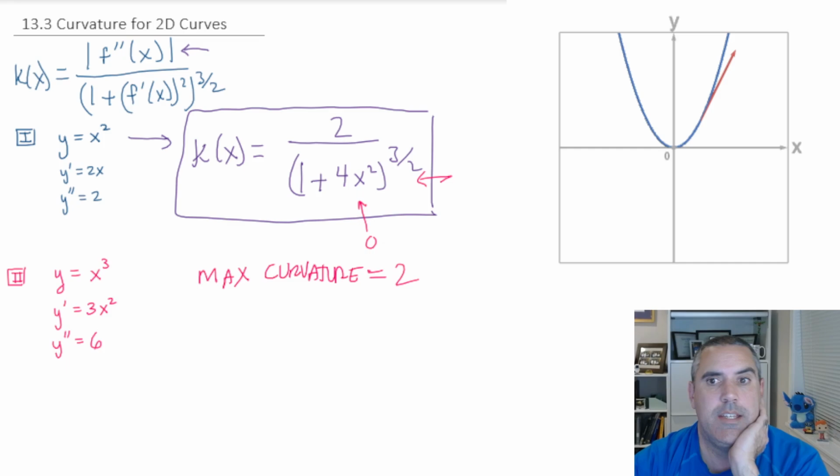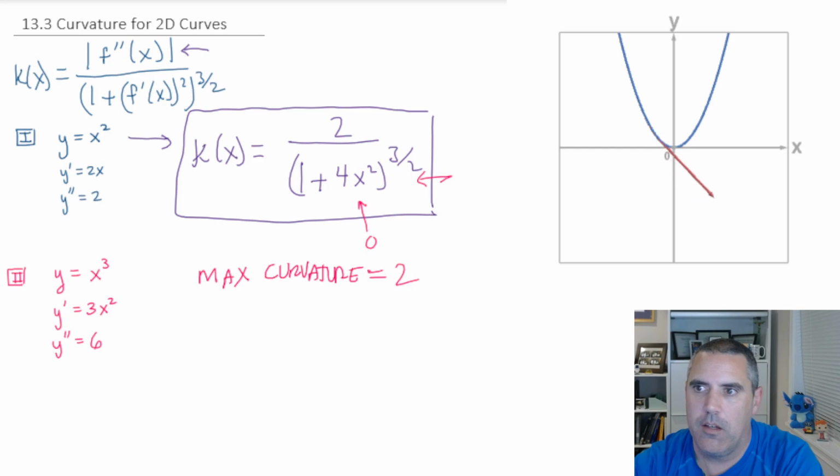So there's the unit tangent, and it's changing the most as you pass through the origin. You can see that. If I have something moving along, the direction changes a lot right there.